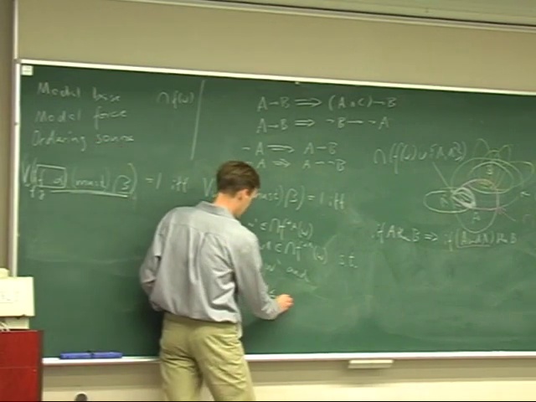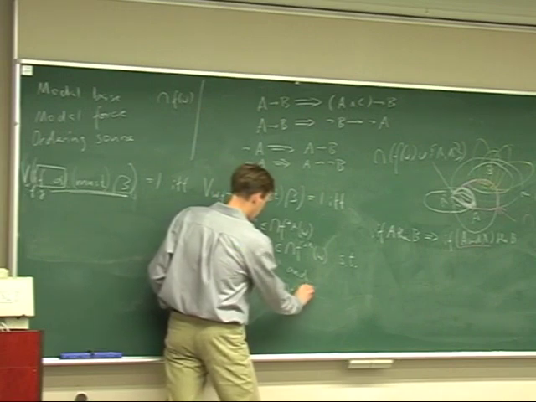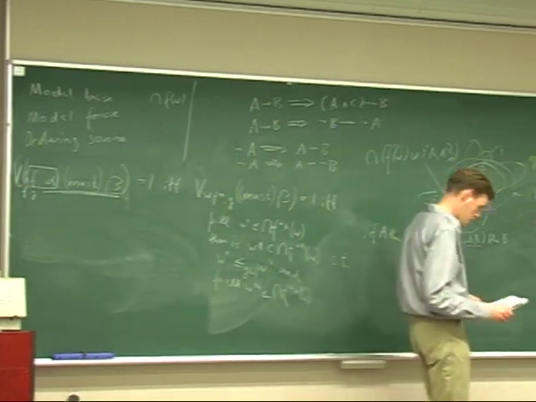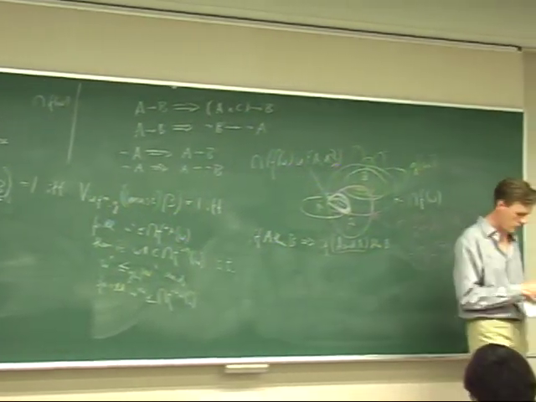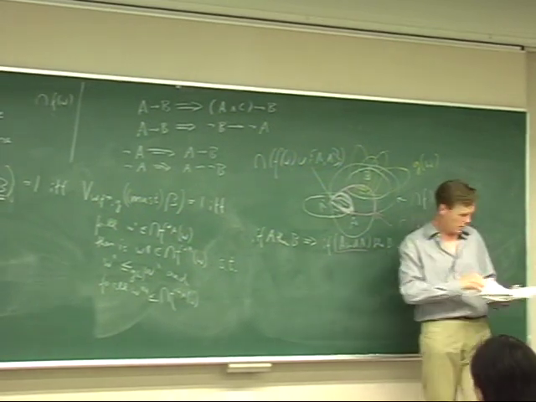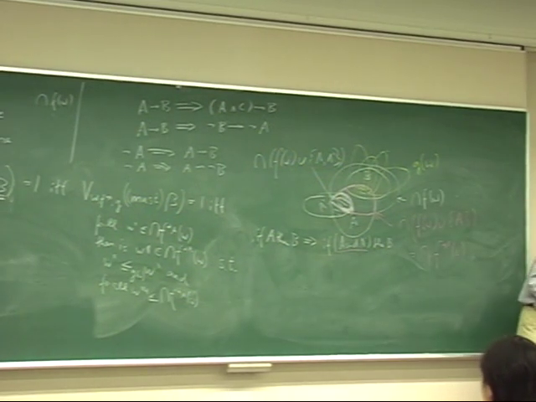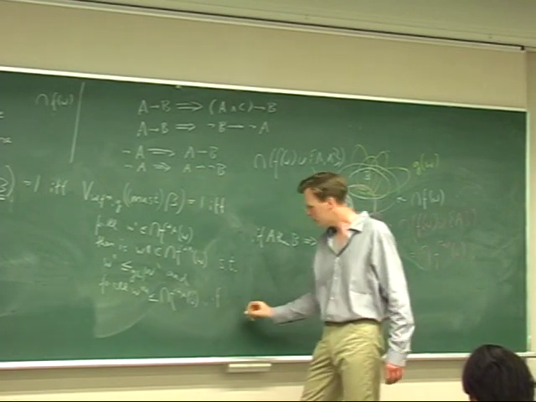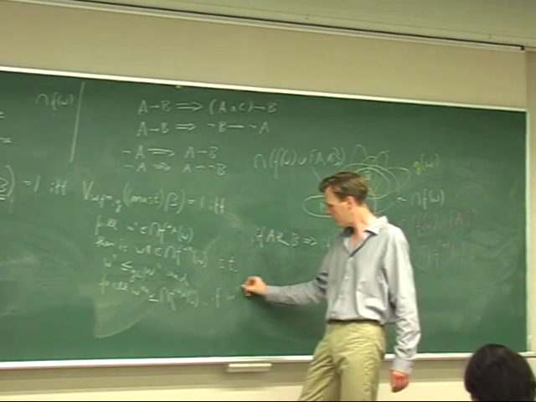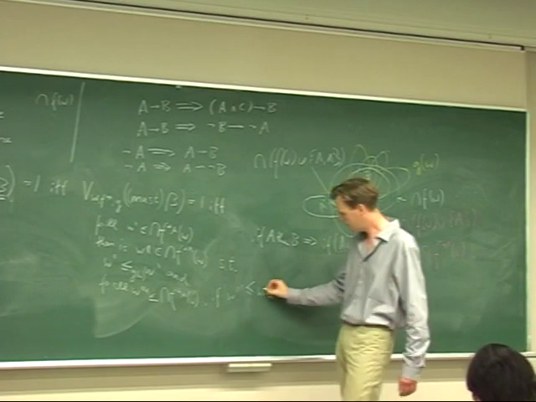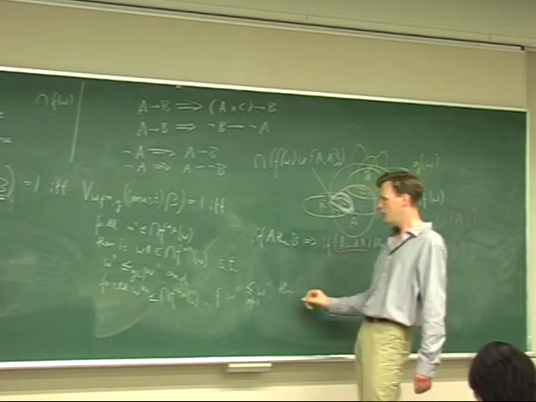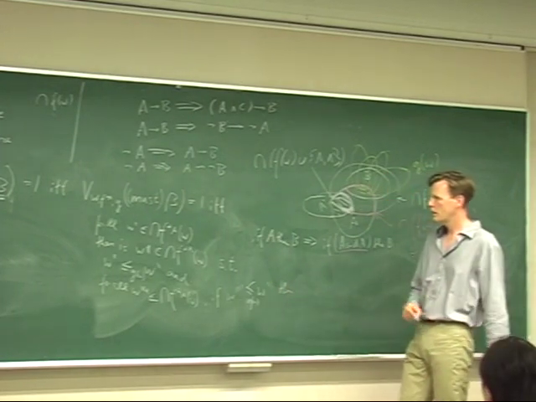For all worlds in, again, the same thing, F plus A of W, if W triple prime is at least as good as W double prime, then beta is true.